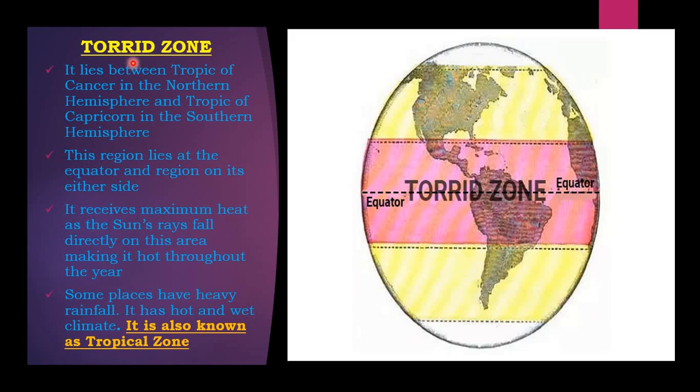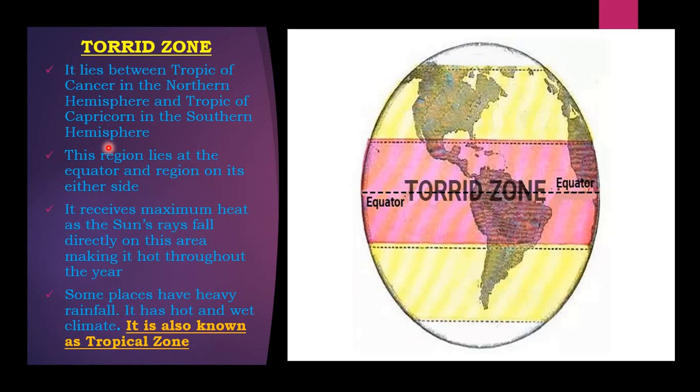The first one is the torrid zone. The torrid zone lies between the Tropic of Cancer in the northern hemisphere and the Tropic of Capricorn in the southern hemisphere.